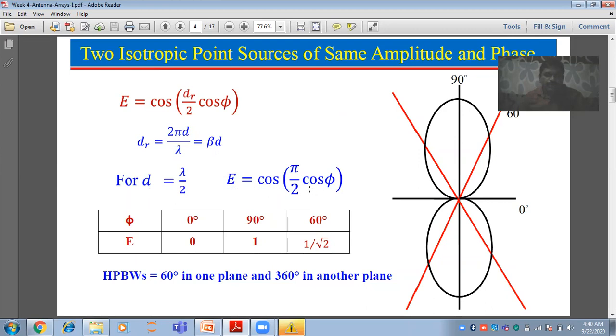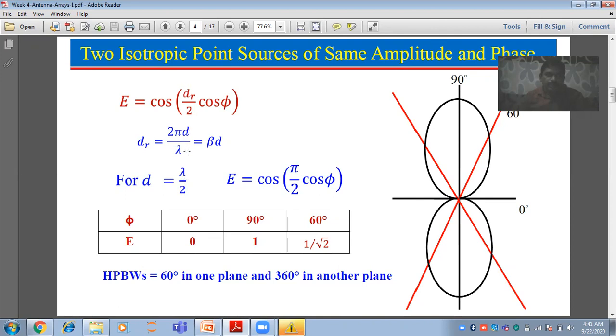How are we getting this expression? This beta d is nothing but psi, and in the place of d we are taking lambda by 2. So this lambda by 2 is substituted here. d is nothing but lambda by 2.